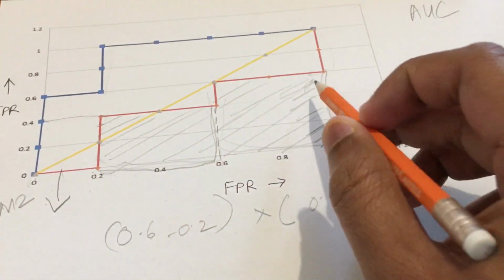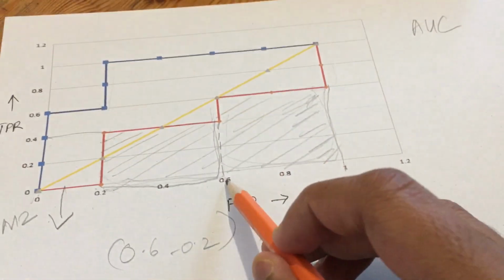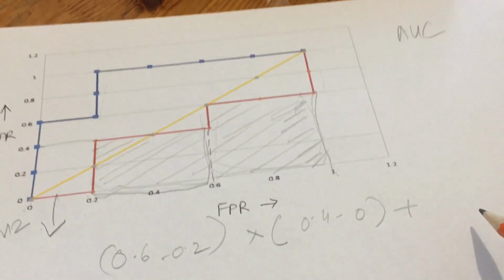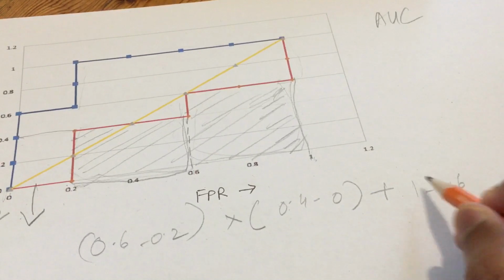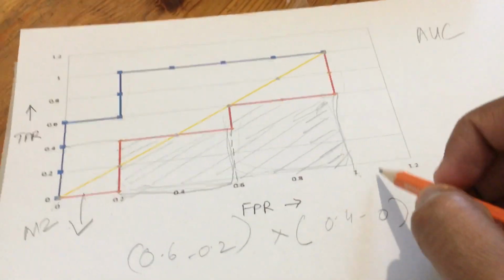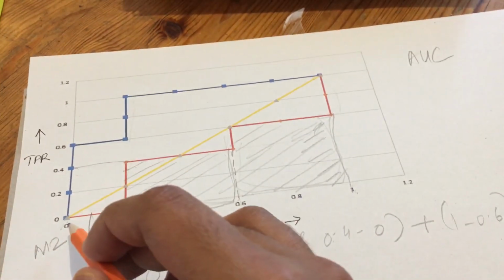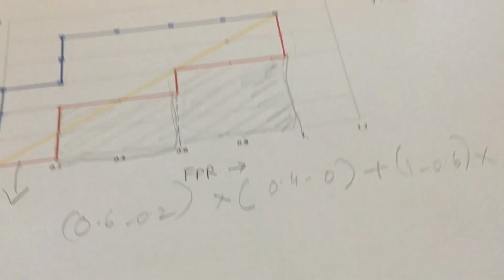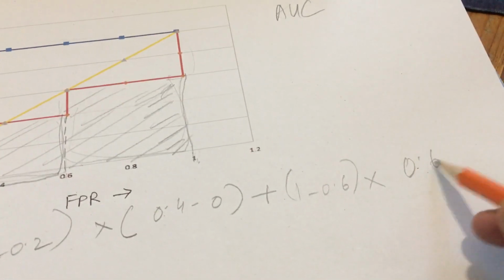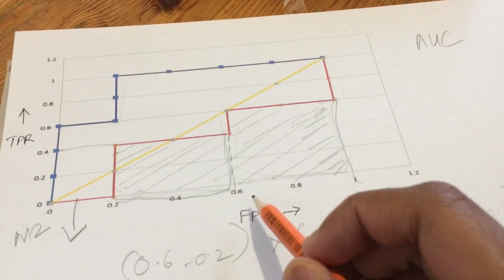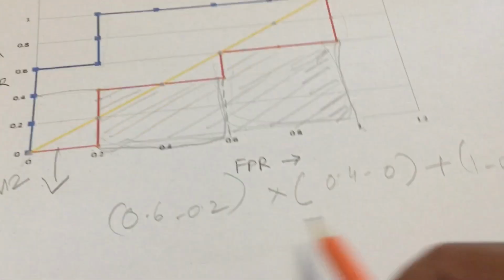Plus we have one more rectangle like this. For that we calculate 1 minus 0.6, that is the length, multiplied by this much area, which corresponds to here. That is 0.6 minus 0. That is, we have x2 minus x1 into y2 minus y1.